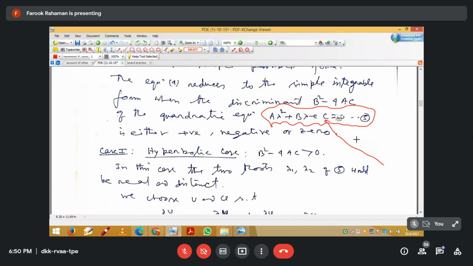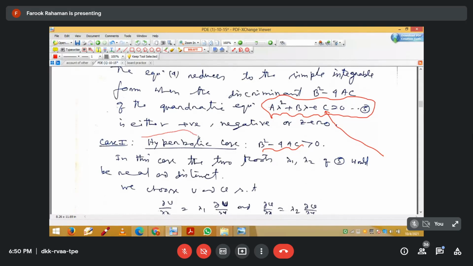The discriminant is b square minus 4ac. So if b square minus 4ac is positive, then we say that the given partial differential equation is of the hyperbolic form.